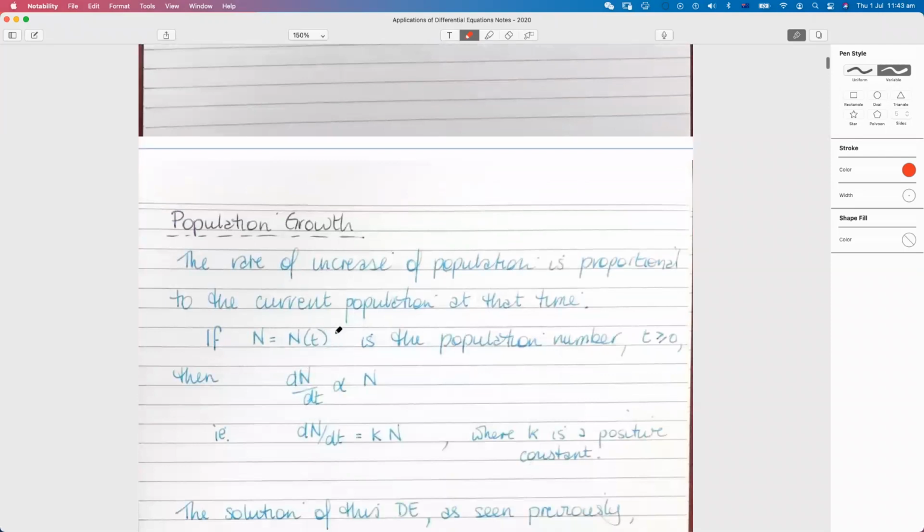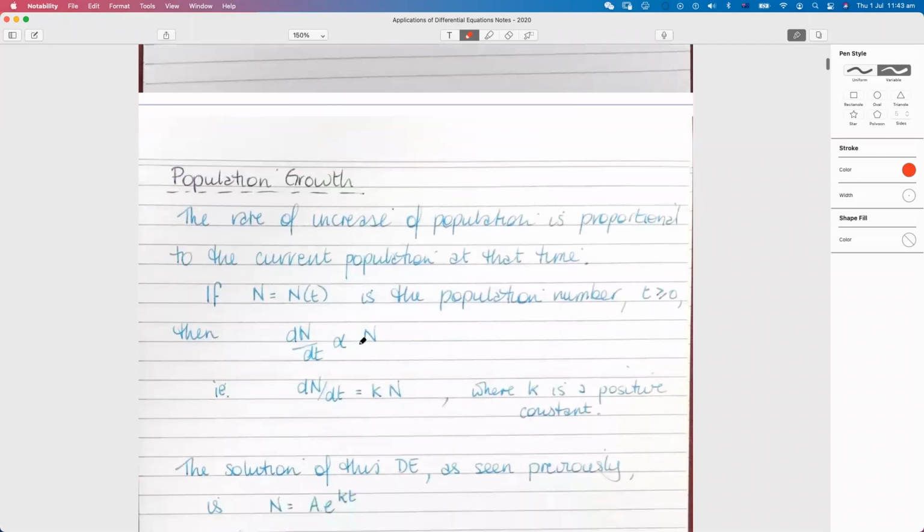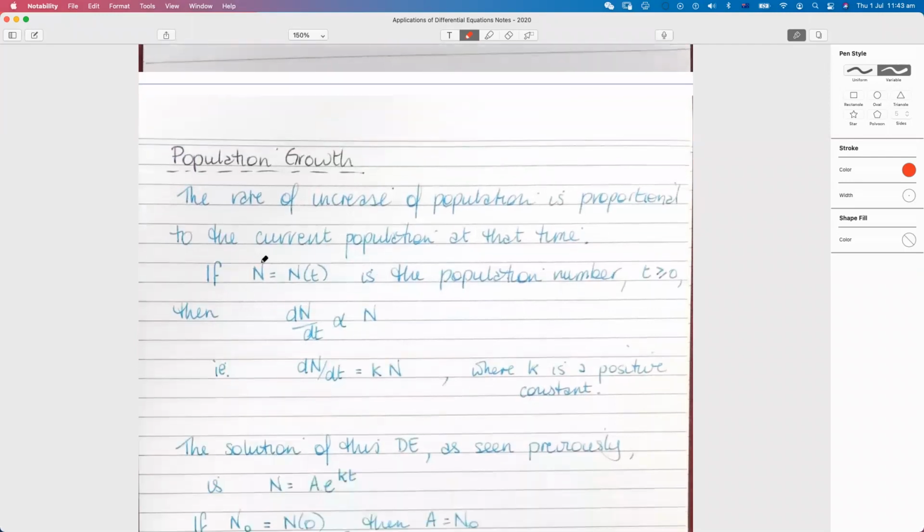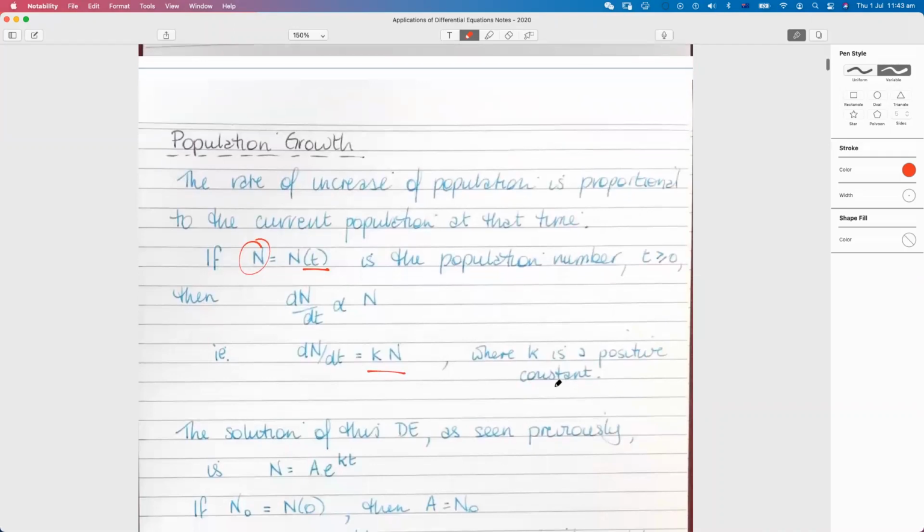Population growth: the rate of increase of population is proportional to the current population at the time. Normally we use N to mean the number of population, and N of t is a function of t. dN/dt is directly proportional to N, which means dN/dt is kN, where k is a positive constant.